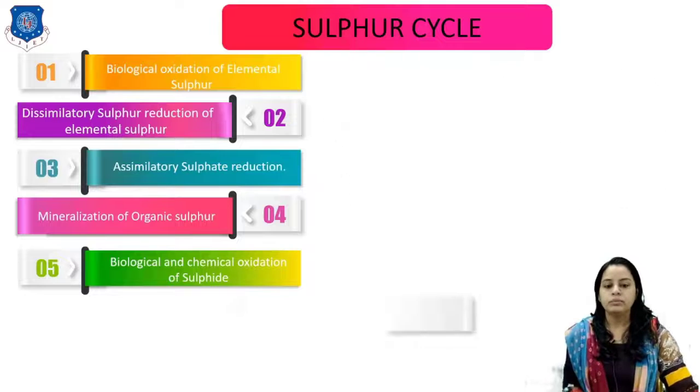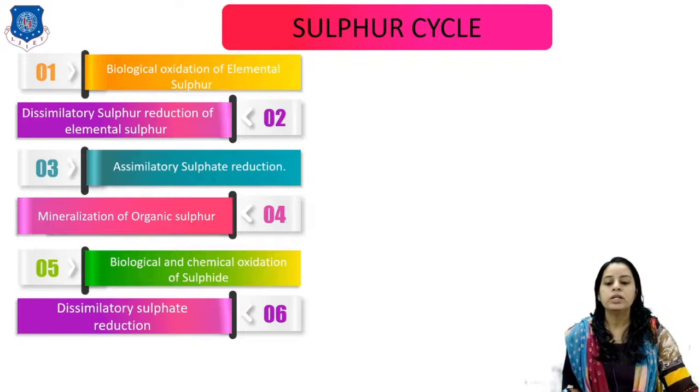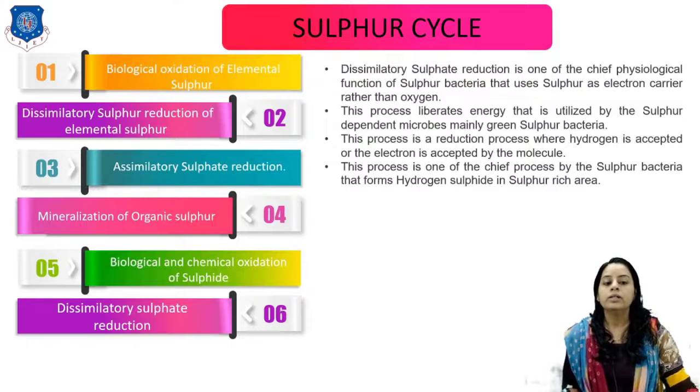Okay, the next process is dissimilatory sulfate reduction. It is one of the chief physiochemical functions of sulfur bacteria that uses sulfate as an electron carrier rather than oxygen, right? This process liberates energy that is utilized by sulfur dependent microbes, mainly green sulfur bacteria, right?